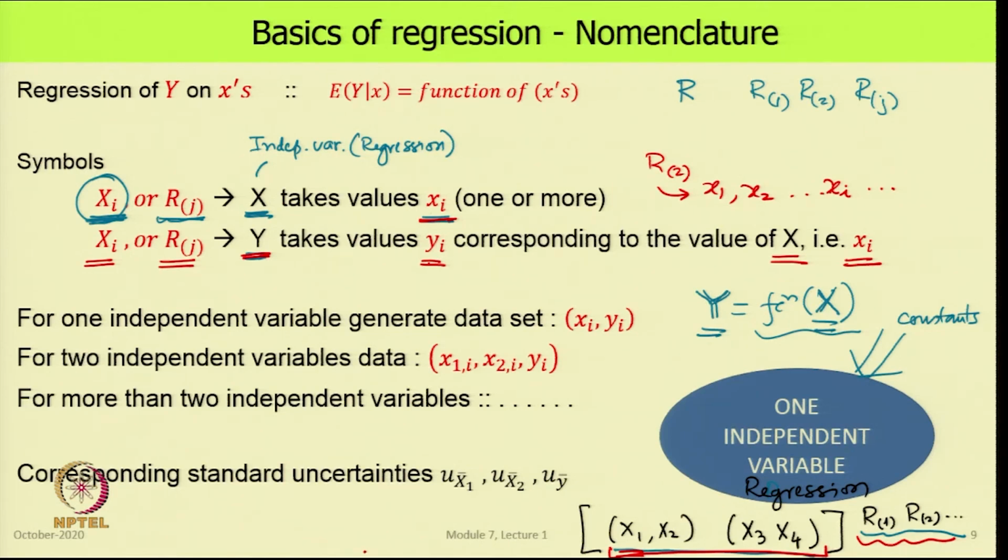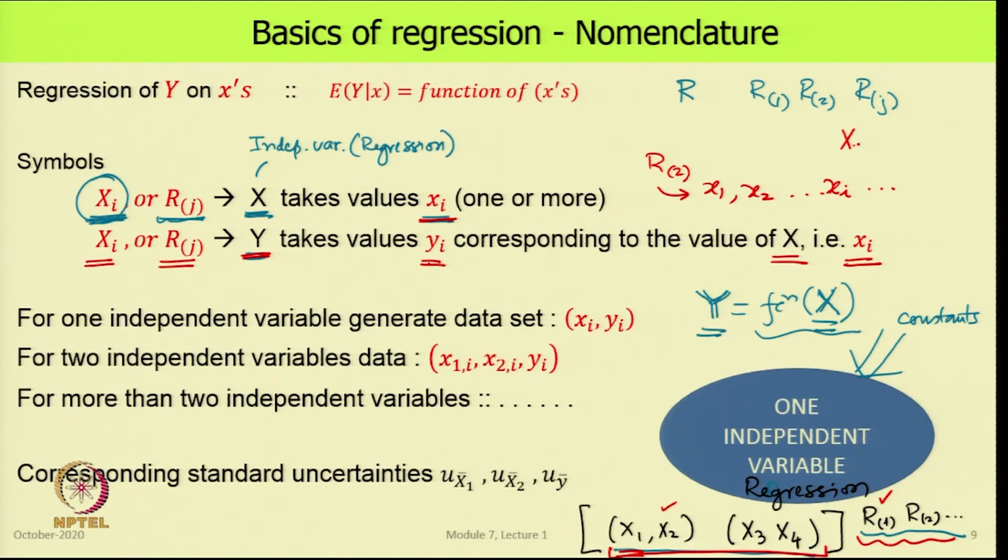So, our first number could be a result r 1, and we want to make a regression with x 2. Then the first value of r 1, which will be small x 1, must correspond to that same data set from which this calculation was done. So it will be the first value of x 2.